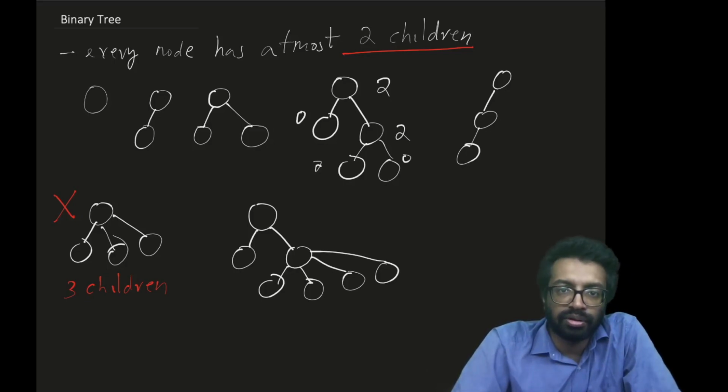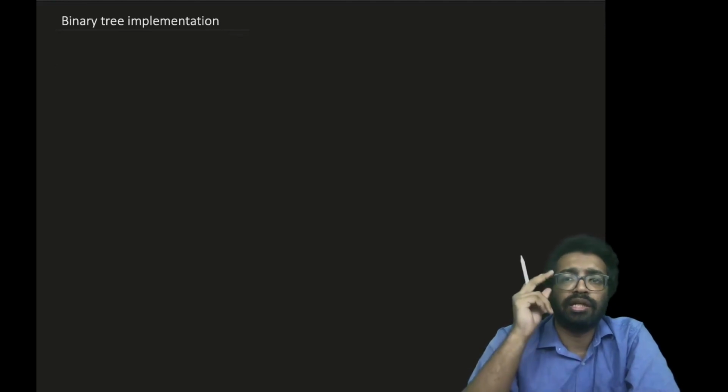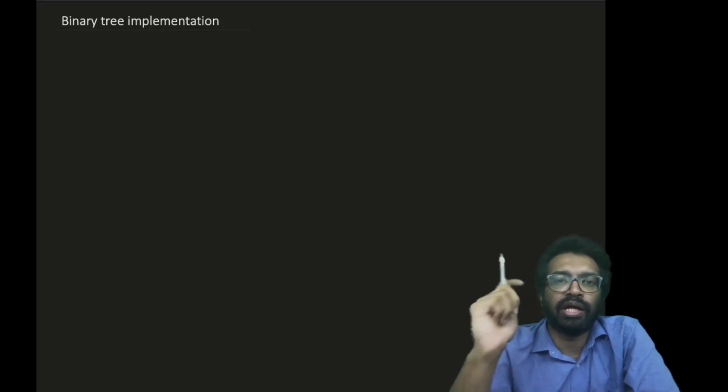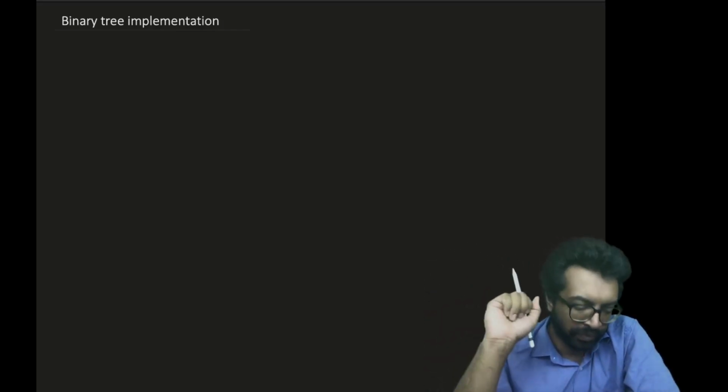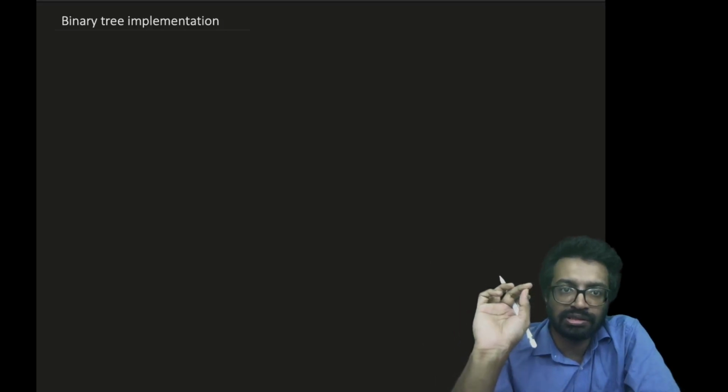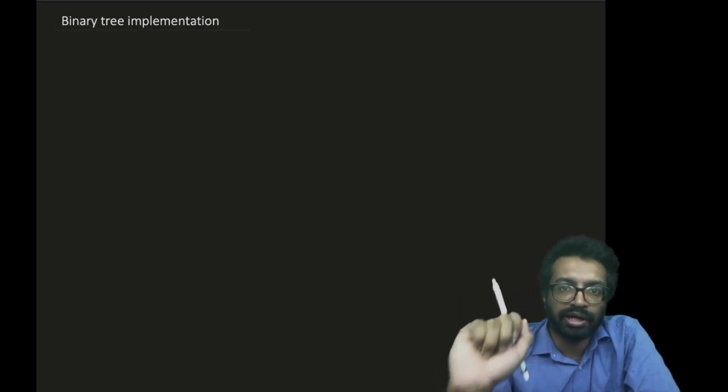Okay, good. Now let's proceed further. Let's see how to implement a binary tree. So as we saw, every node has at most two children, right? Now we are going to call the children left node and right node.